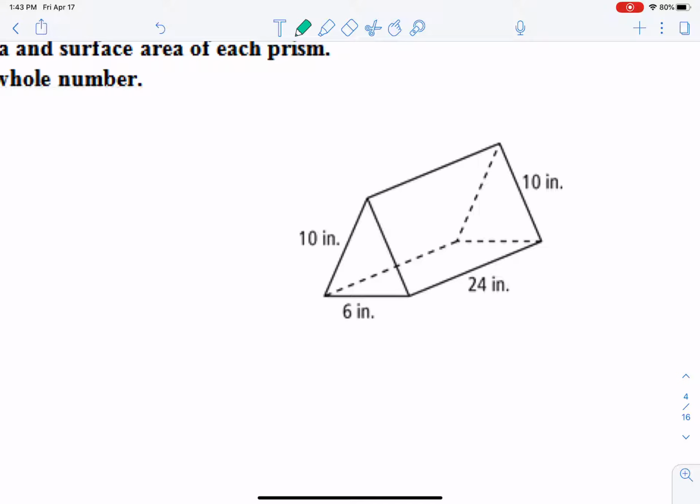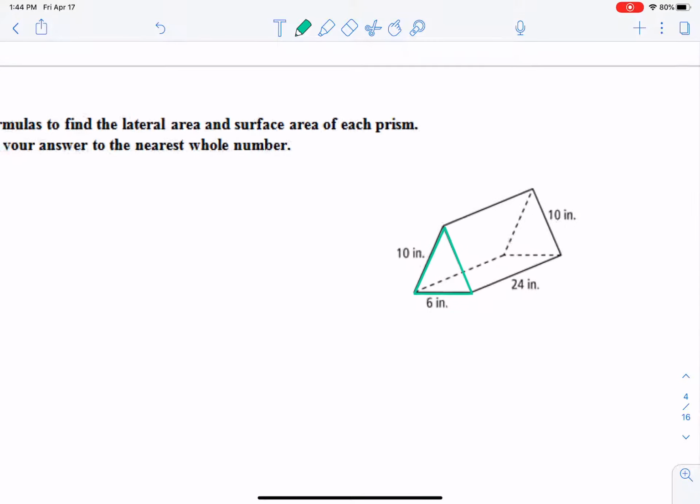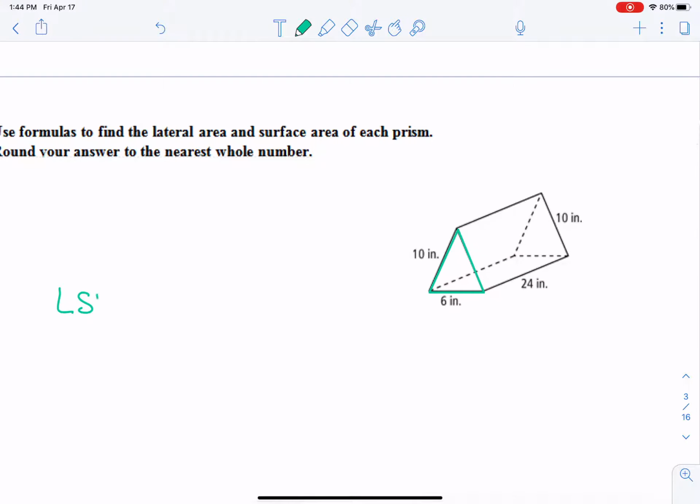This one is a triangular prism. Even though it's on its side, the triangle is still the base. It is parallel to the other triangle, so I'm going to need to find the area of this triangle. But before we do that, let's do lateral surface area. I'll just abbreviate it. Lateral surface area is going to be all of the sides, so not including these two triangles. The sides would be this one, which is 10 times 24.